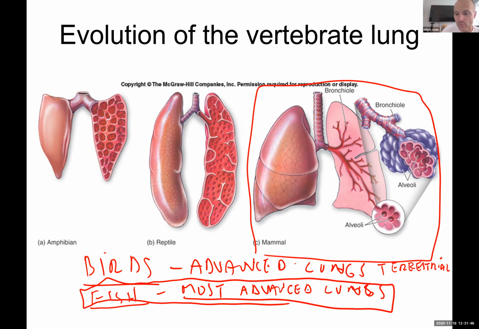For fish, let's not call them lungs because that's completely wrong, but let me wipe that. Okay, I cannot delete them, but basically right here, forget about lungs, let's call them gills because they are not really lungs. So they are like lungs.